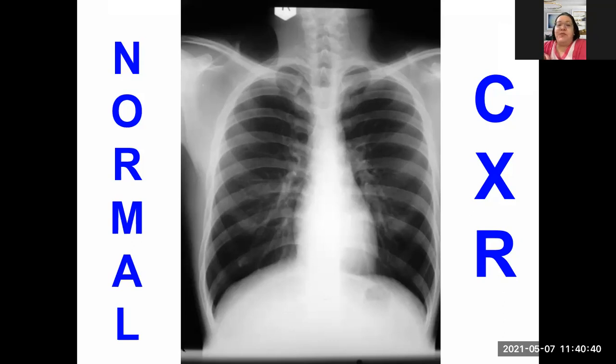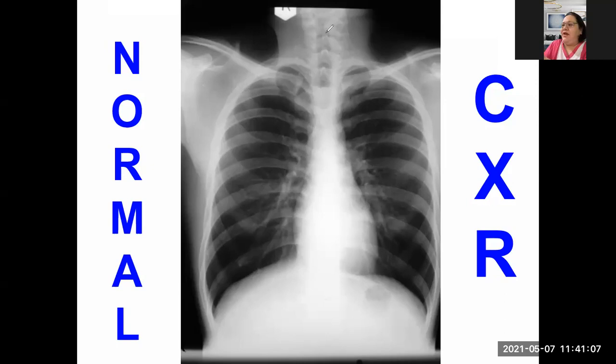So it looks whiter, and that's because there is the presence of fluid, namely the blood. So the blood will also appear as white. Bone structures will also appear as white, and then air will be a little more dark. That is how air will appear.